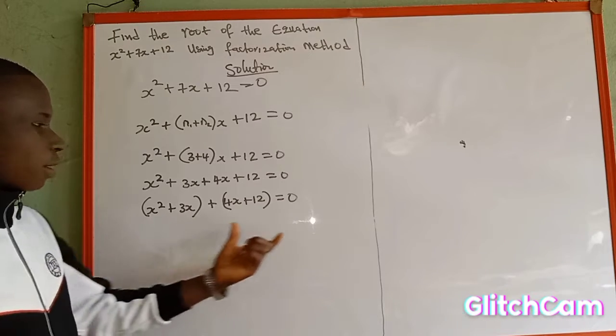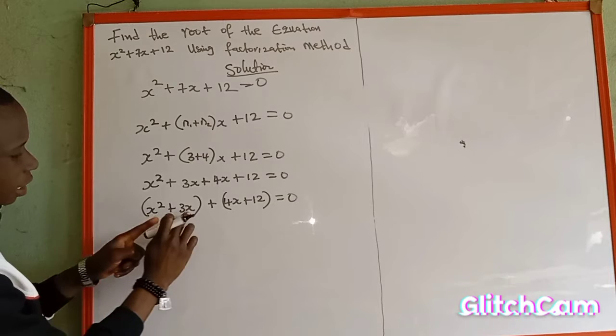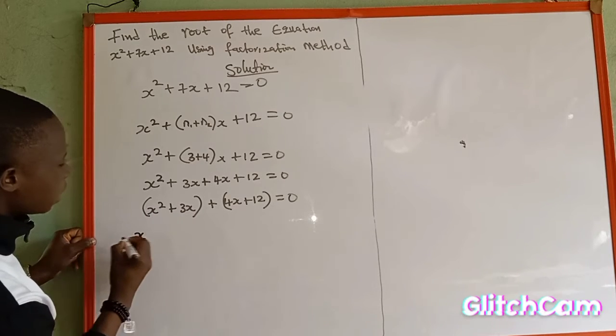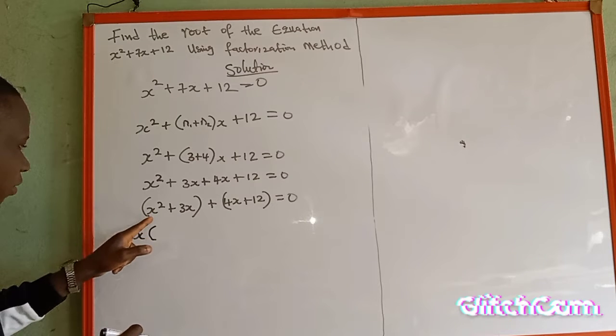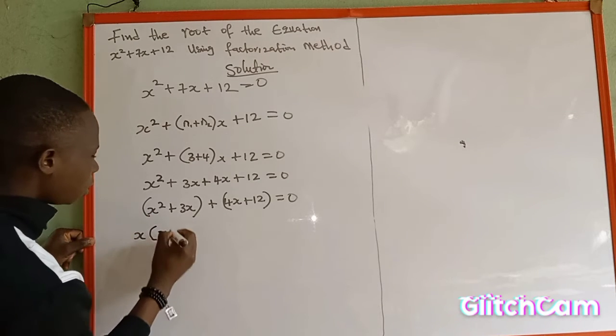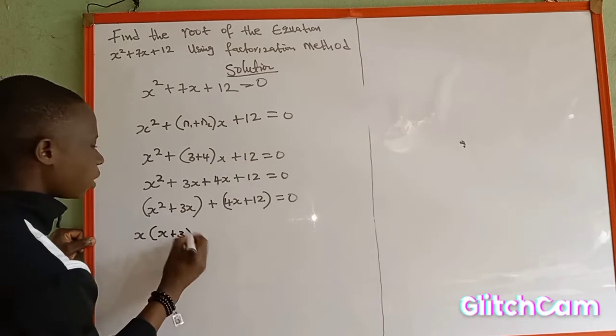Now factor out the common term. What is common between s squared and 3s? I think s is common here. So I bring s out, then open a bracket. I factor s out of s squared, so it remains s, then plus, and I factor s out of 3s, it will remain 3.